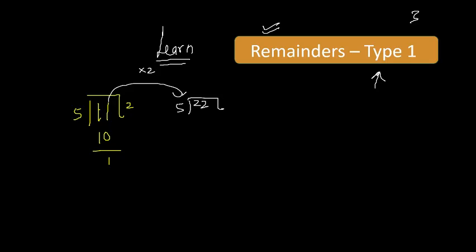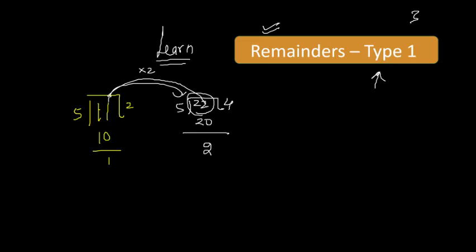So can you see the effect of how it will change? I am doubling the number. 11 twos are 22, and now I am dividing this by 5. 5 fours are 20. Now your remainder is 2. Can you see the effect here?